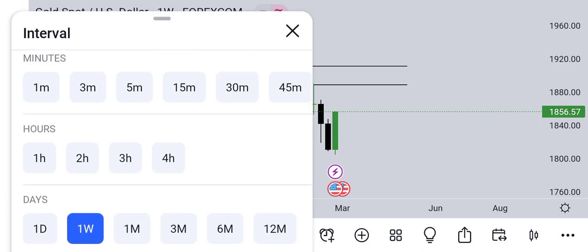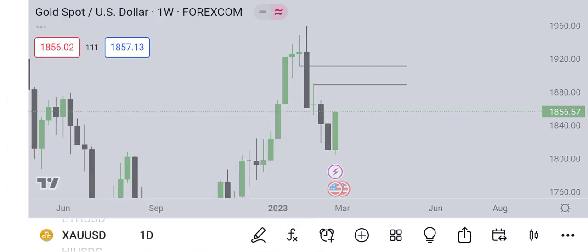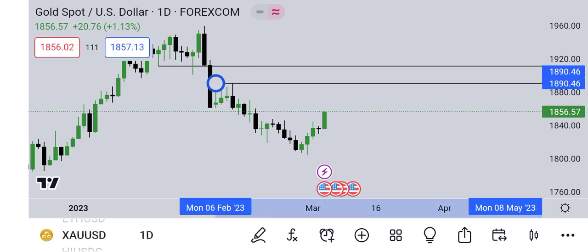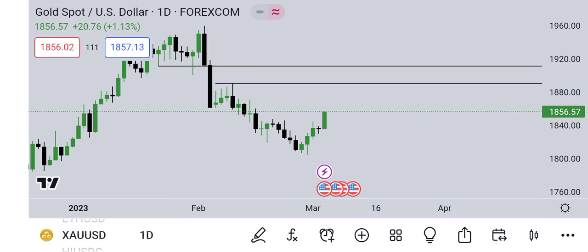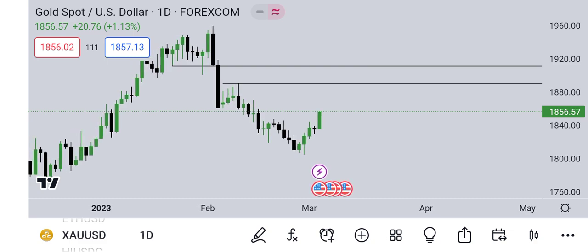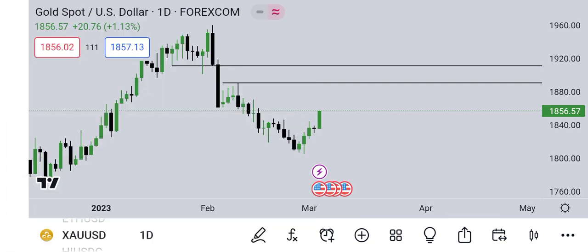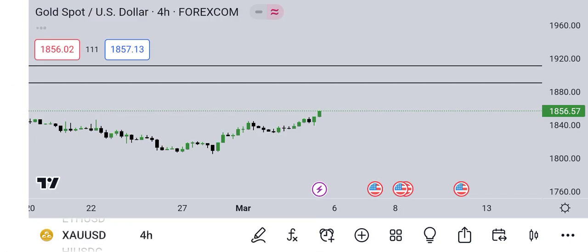So if I drop to the daily time frame, this is what it looks like. So yeah, this is what it looks like. Okay, so the market, it's like aiming high. All right, let's see, maybe it will be clearer on the 4 hour time frame.